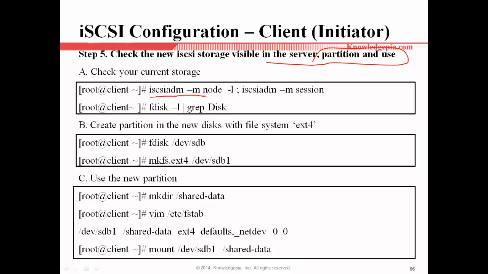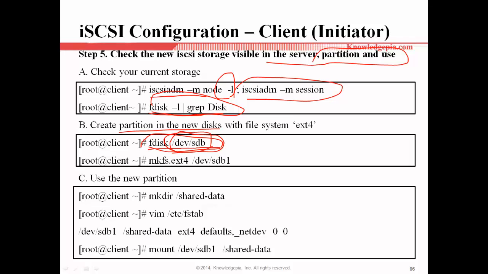Step 5, check the new iSCSI storage is visible, then partition, make a file system and use it. Here iscsiadm -m session, then you will see the session information. After that, please check your hard disk. In my case, the iSCSI client has only one hard disk, /dev/sda. After logging in, you will see /dev/sdb and /dev/sdc, because the iSCSI server is providing two hard disks to the client, sdb and sdc.